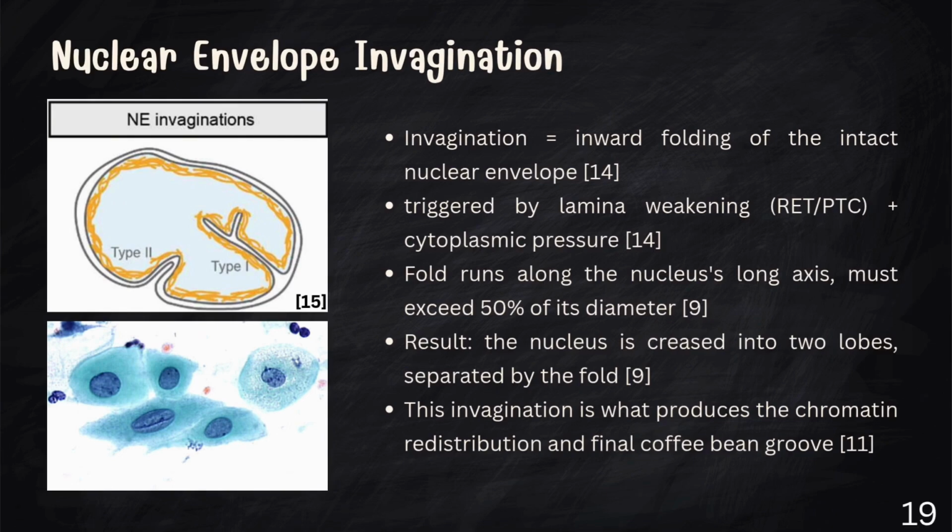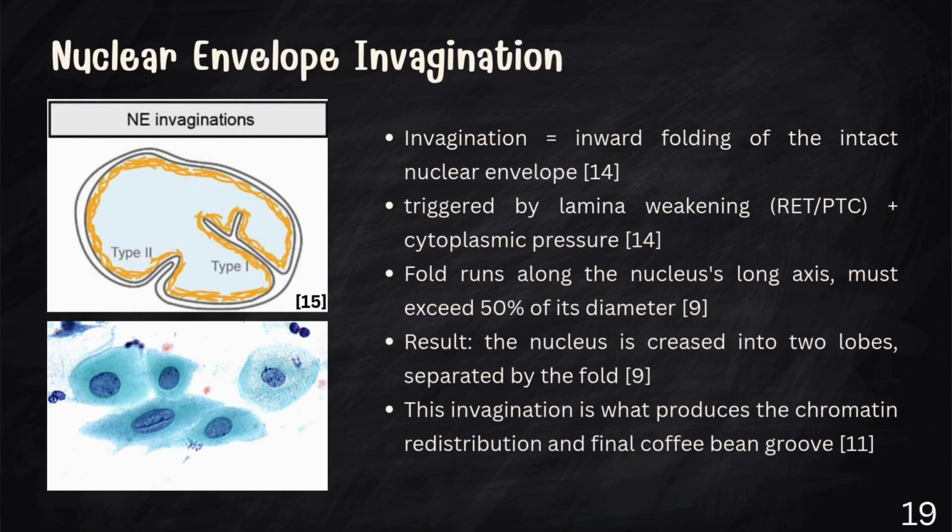At the same time, the cytoplasm exerts continuous mechanical pressure on the weakened nucleus through intracellular organelles and the cytoskeleton. Since the weakened nuclear envelope cannot resist these forces effectively, it begins to fold inward rather than maintaining its original shape. This inward fold generally extends along the long axis of the nucleus.